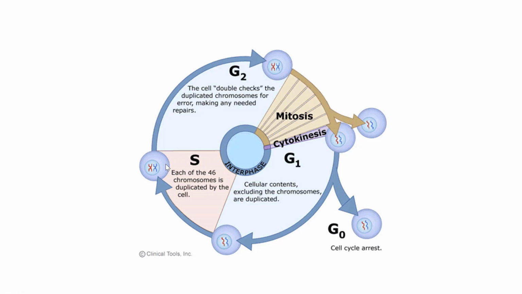In human cells, each of the 46 chromosomes is duplicated, and so then you generate two sister chromatids that are attached together, copies of each. So each homologous chromosome, for let's say chromosome 1, your maternal and your paternal chromosome, each of those chromosomes would now be made up of two sister chromatids.